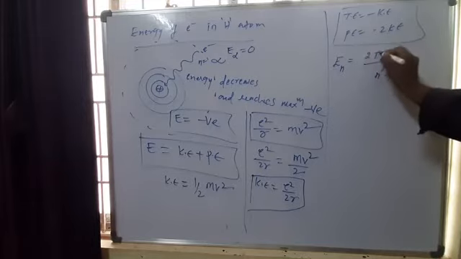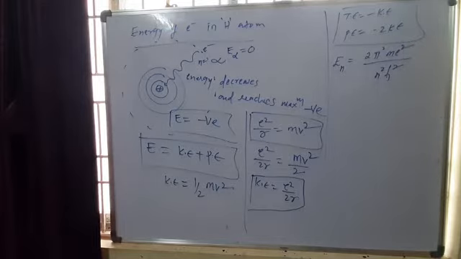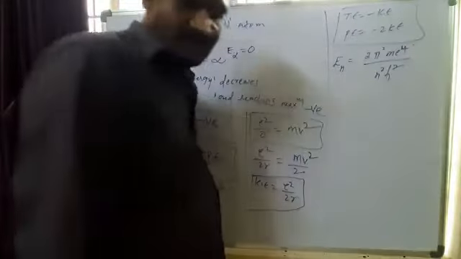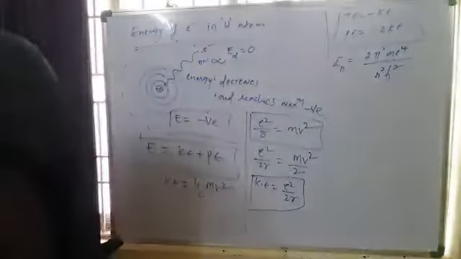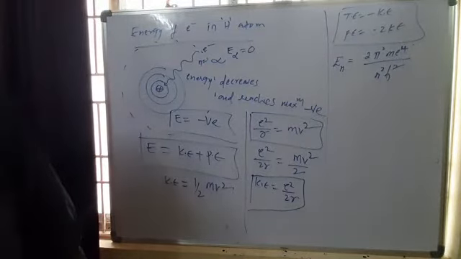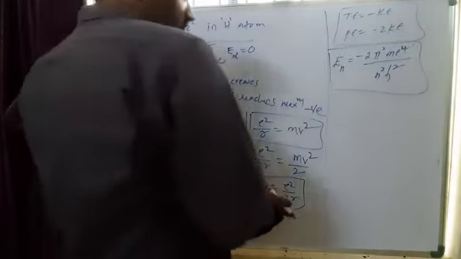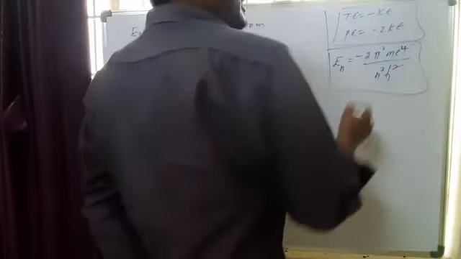Here, 2 pi, m, e, h are all constants except n.